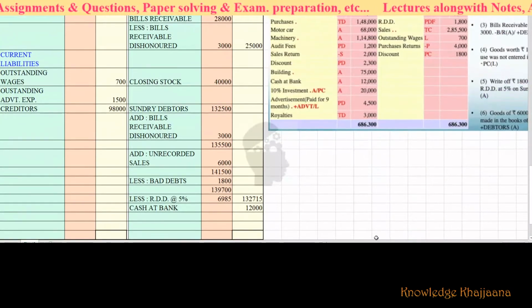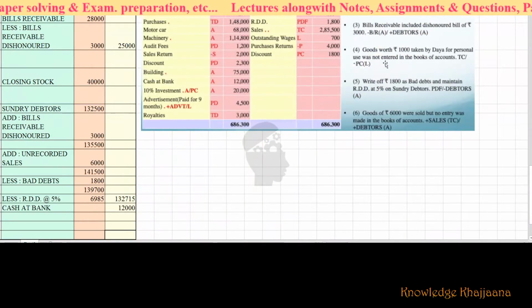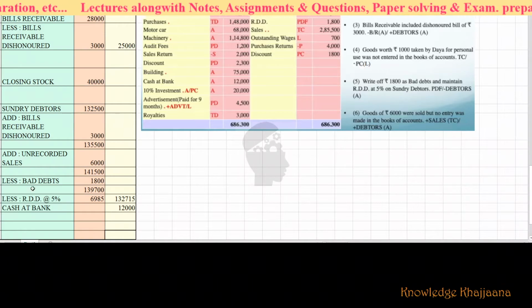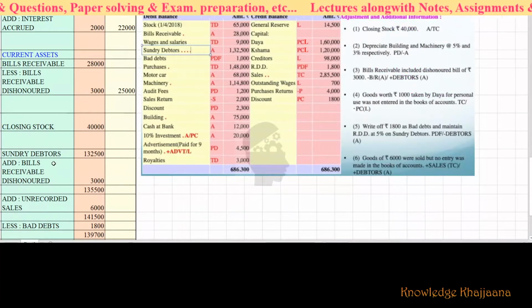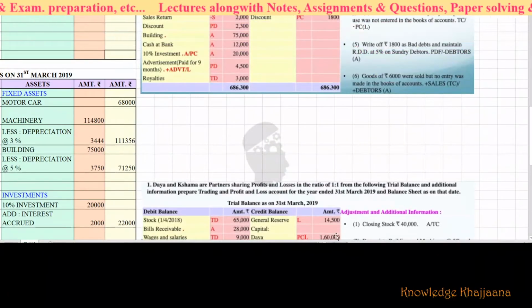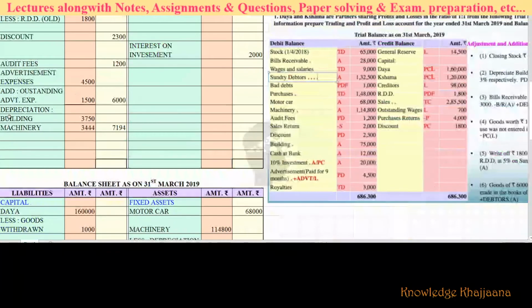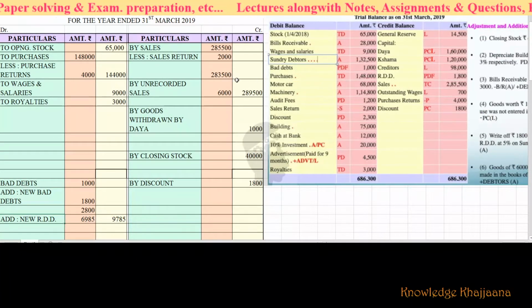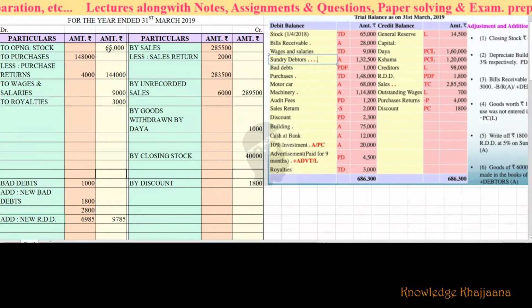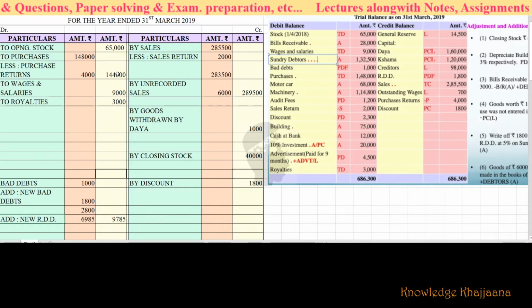Okay, so far we have completed all the adjustments. And we do the total. First of all, check whether you have carried all the inner side amounts to the outer side or not.